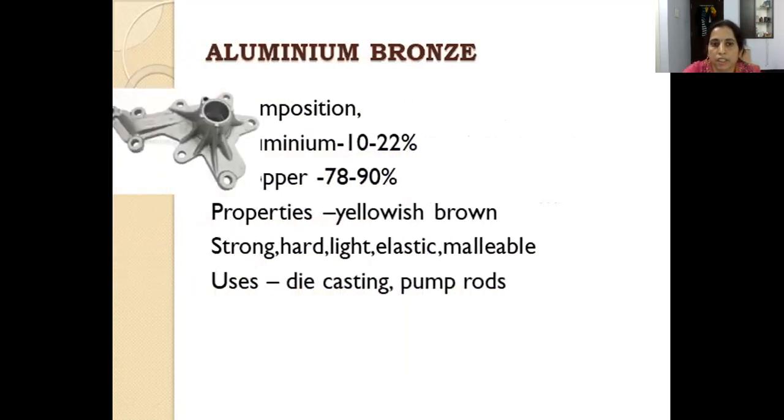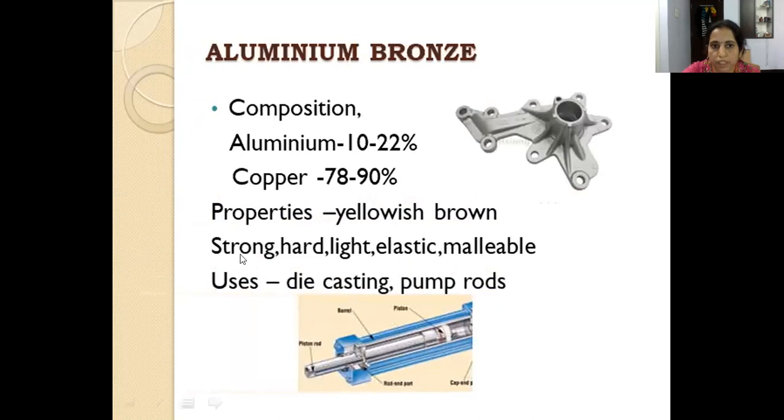Next, we'll deal with the aluminum bronze. As I said, four types of alloys. First one is aldural or alclad. Second one is aluminum bronze. When you say bronze, it consists of copper. So here you have less aluminum, 10 to 22% aluminum, and copper is 78 to 90%. So it is quite harder. The addition of copper makes it harder.